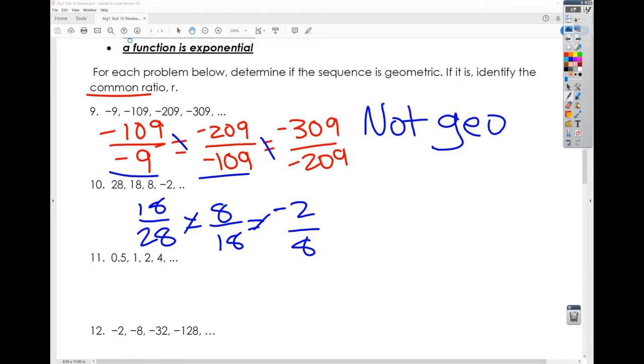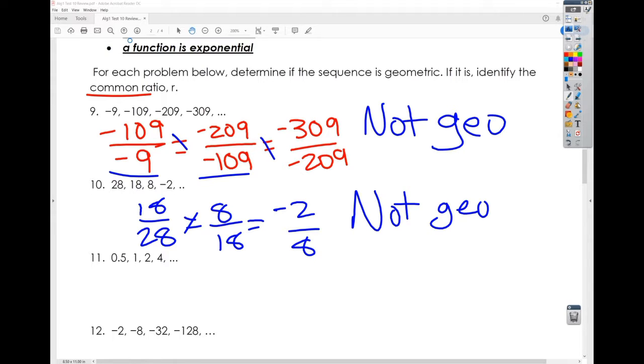So again, the ratios of consecutive terms are not constant. Therefore, I don't have a common ratio. And if there is no common ratio, then we do not have something that is geometric. So once again, this is not going to be geometric.